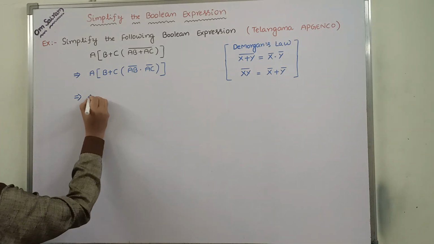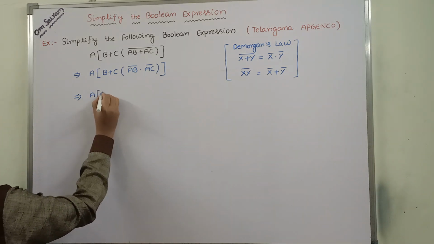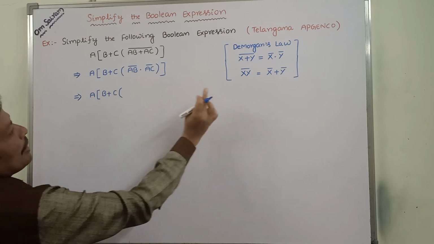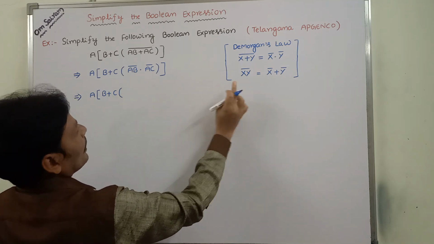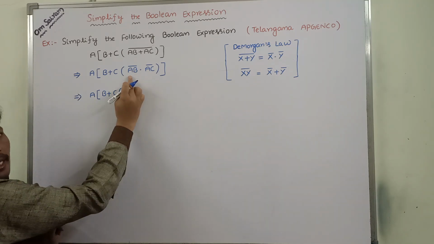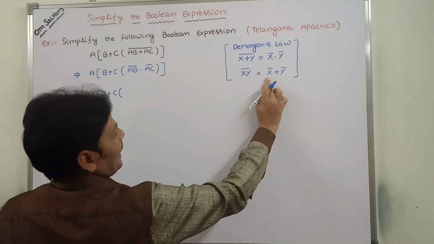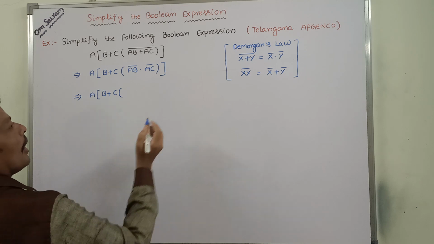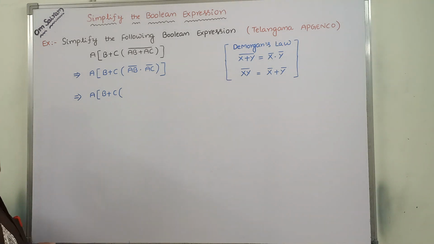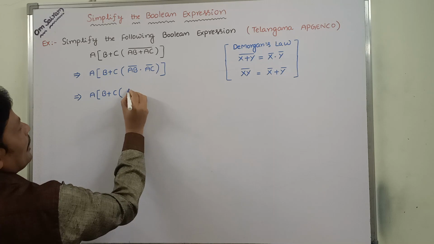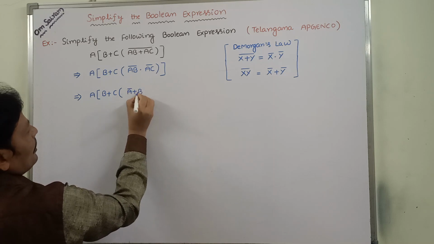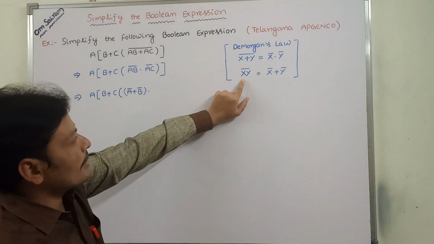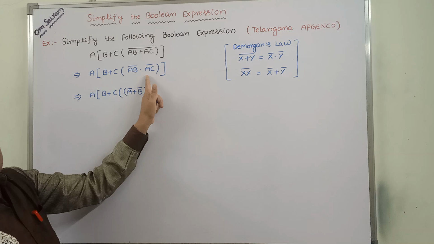So now it becomes A into (B plus C) into AB whole bar into AC whole bar. In place of XY, here AB is there. How can it be written as X bar plus Y bar? It is similar to A bar plus B bar according to this De Morgan's law. Next, in place of XY, here AC is there.